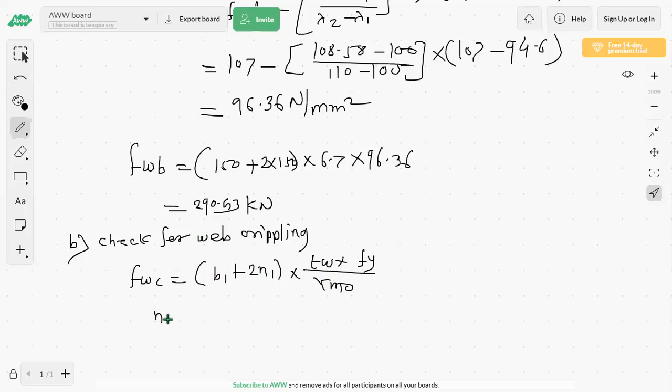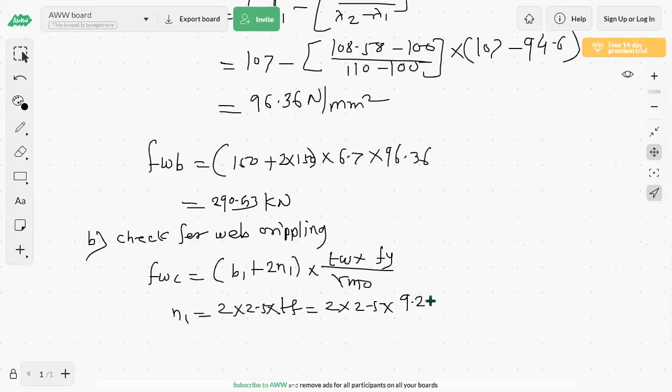Same formula. Here N1 is equal to 2 into 2.5 into TF. The thickness of flange is 9.2 or 9.4. How much? 9.4. Okay.